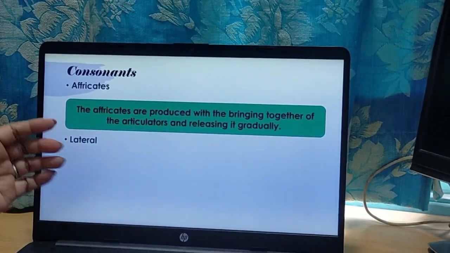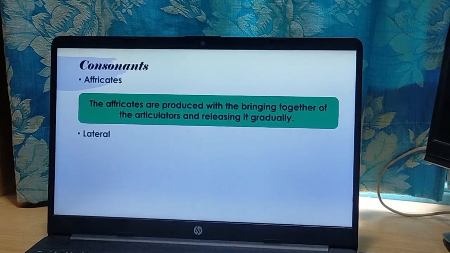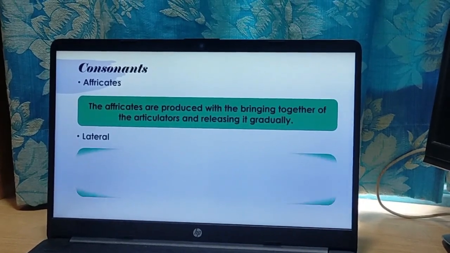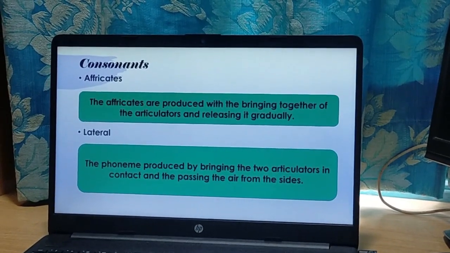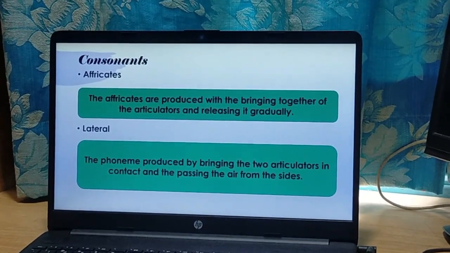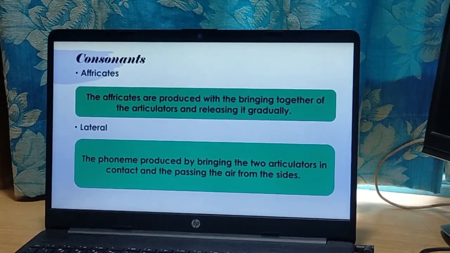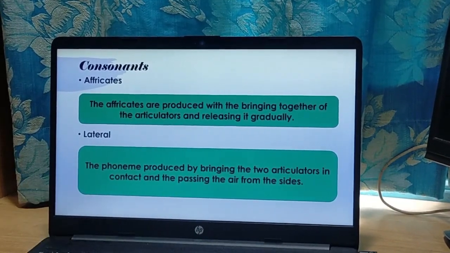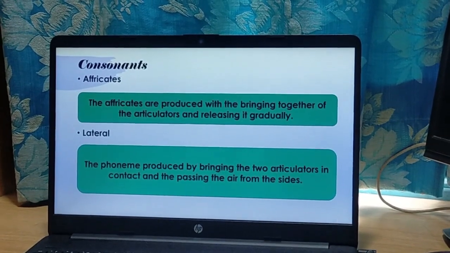Now moving over to the next consonant, we just have one lateral sound, the l. When we talk about the lateral l, the two articulators are brought in contact, but the air still passes out from the sides of the tongue. L. When we say the word leave, l, that means the tip and blade of the tongue comes in complete contact with the alveolar ridge.